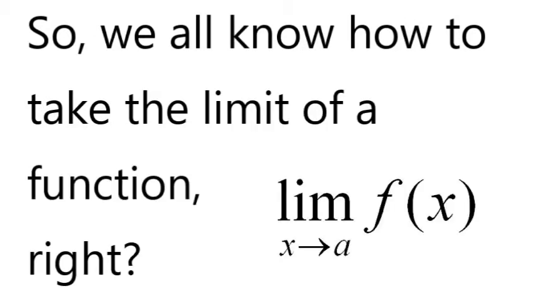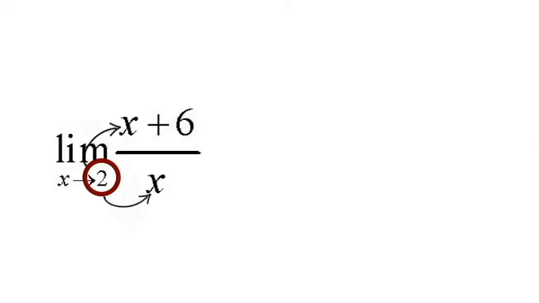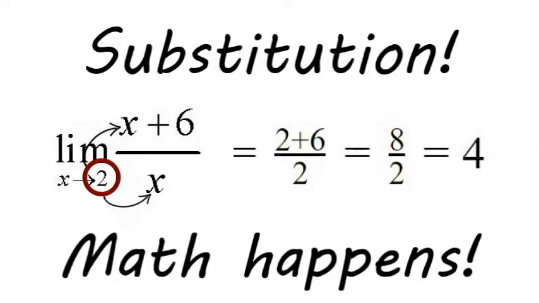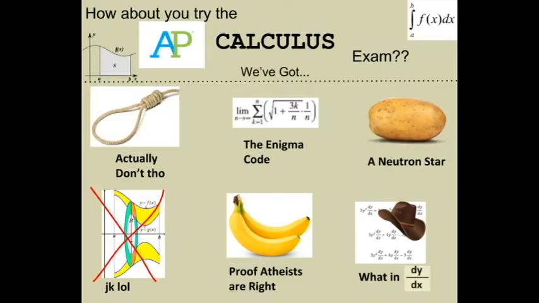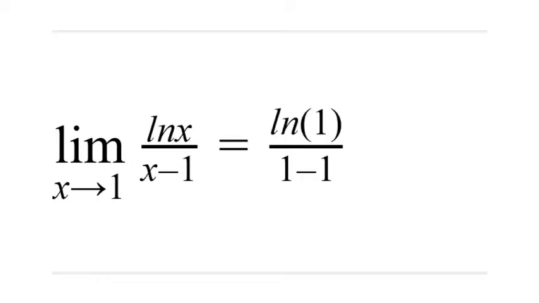Anyway, old L'Hopital's. So, we all know how to take the limit of a function, right? On the assumption you know, it's fairly easy. You just put this and that, and ta-da, math happens. Or calculus, specifically. But what happens when we get something like this?